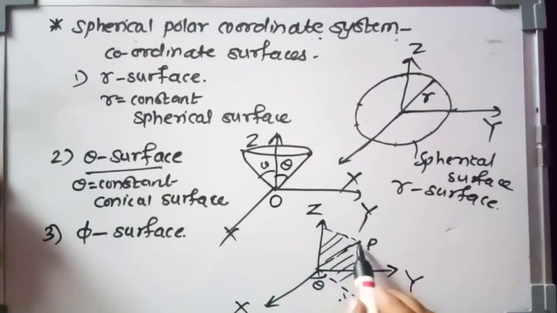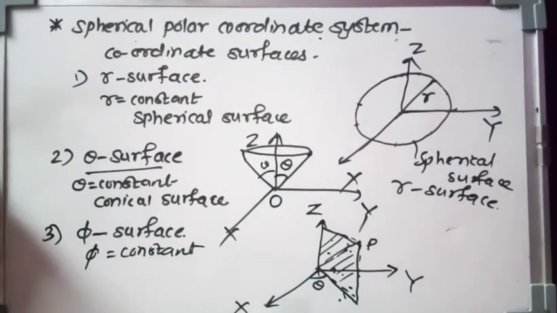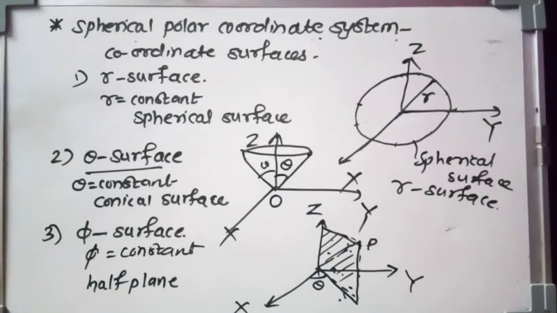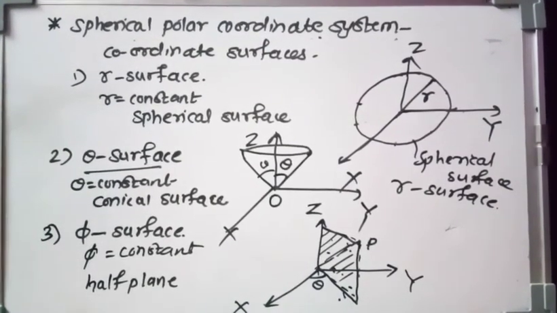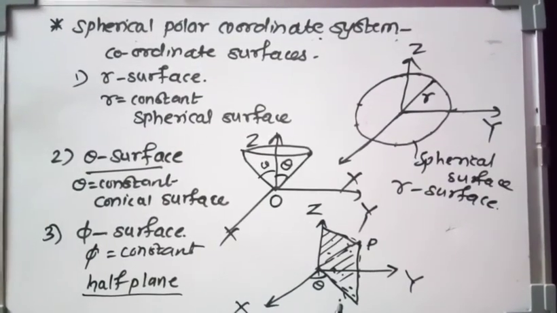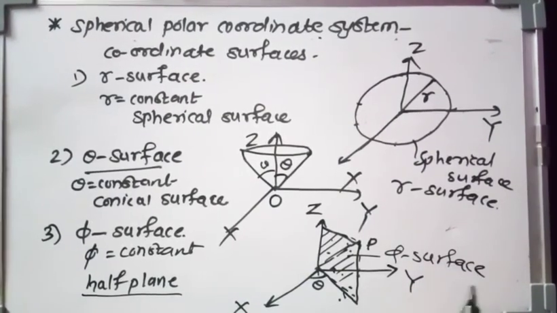For all points on this plane, phi angle is constant. Therefore, we can write phi equal to constant, and the surface is a half plane surface which has one edge along z-axis and the other is extended towards the required point. Therefore, this is known as half plane surface. This is phi surface, half planar surface.